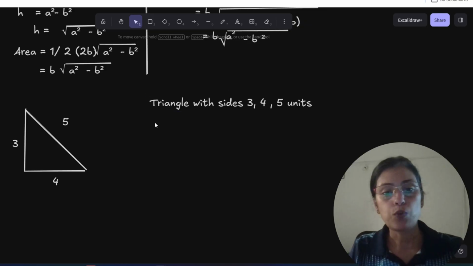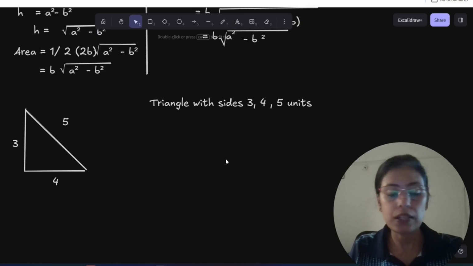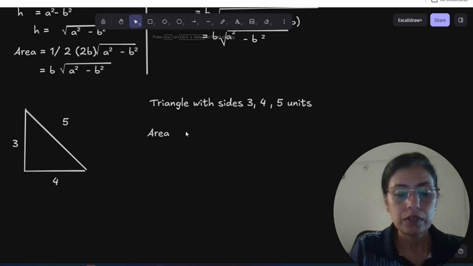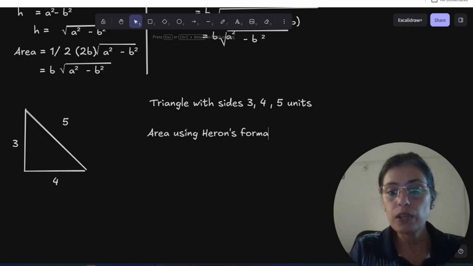So in this case, we have been given a triangle with sides 3, 4 and 5, right? So now first we will check using the Heron's formula. So let me write here, area using Heron's formula.